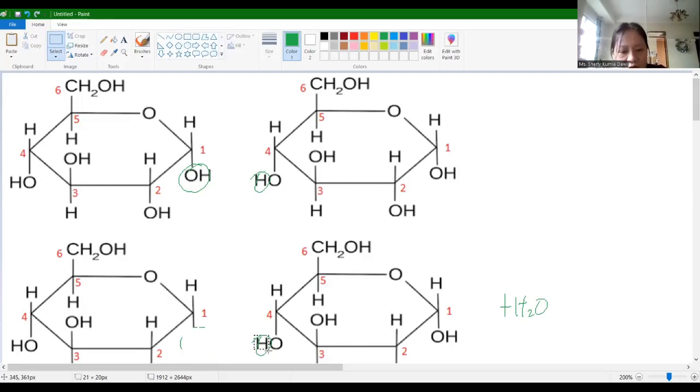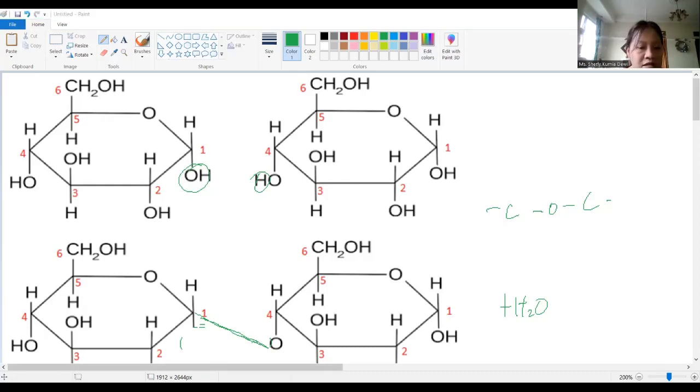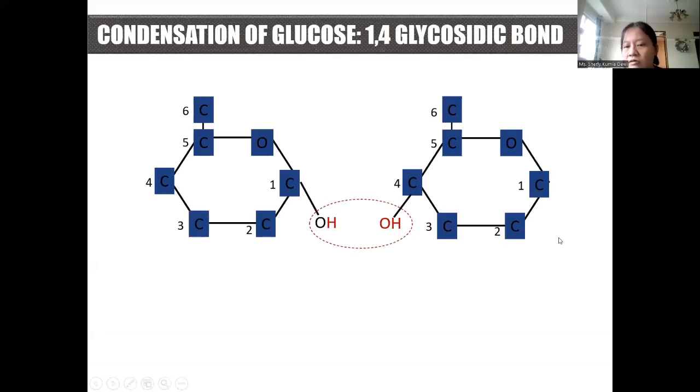This one is also removed. This will make a join here, which makes it into COC. That is an ether, but you will not learn the ether too much. I only want to show you this condensation of glucose.